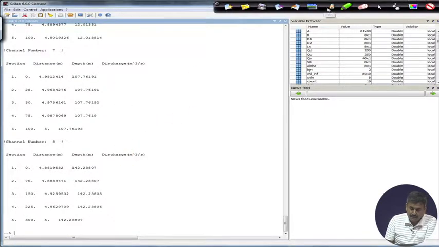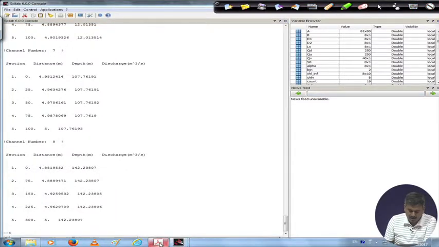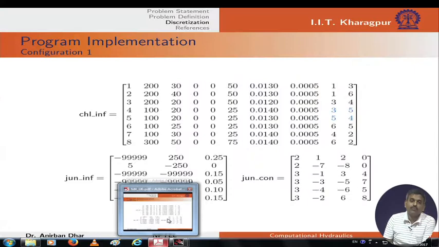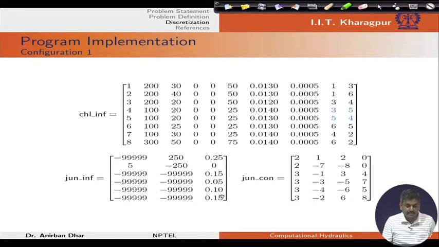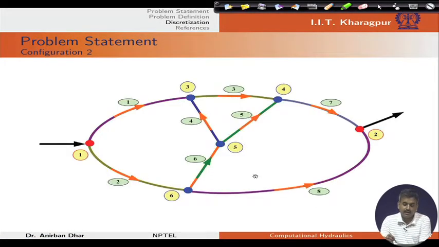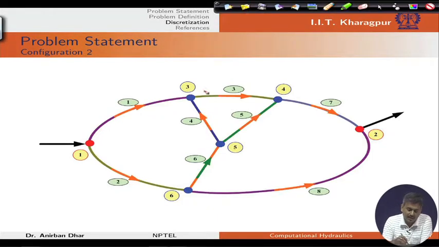Now, if I change the direction of flow, means if I conceptualize the problem by changing the direction of flow, let us see this configuration. Now, in this configuration, natural gradient is in this direction.